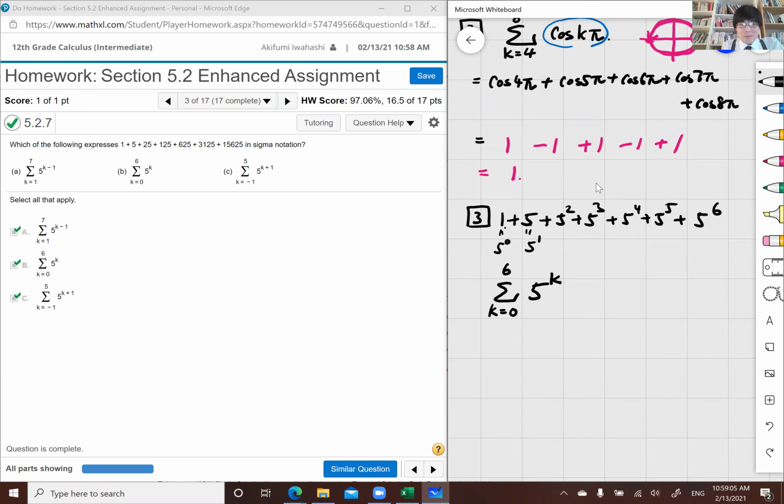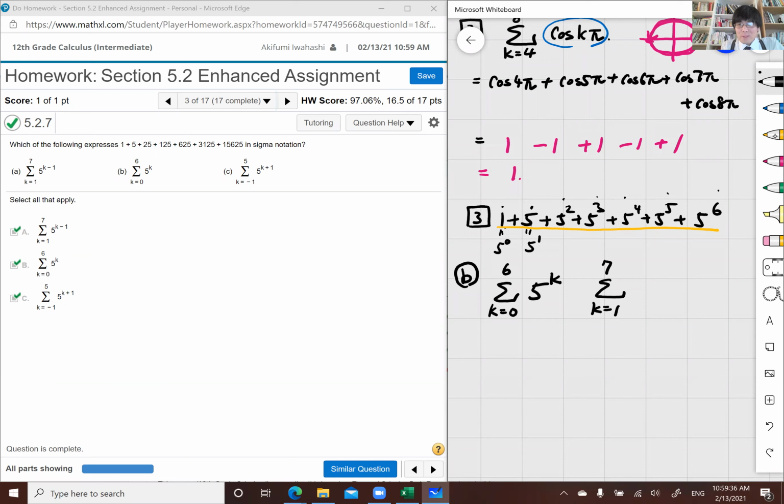So the choice B seems to be expressing this one correctly. But sometimes, it's always possible that you can express this one in slightly different form. For example, if you want to start with k is equal to 1 as a first term, second term, third term, fourth term, fifth, sixth, and seventh, then you should have 7 terms, so 1 through 7.